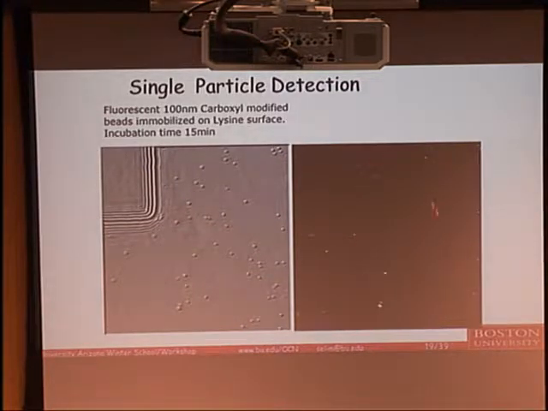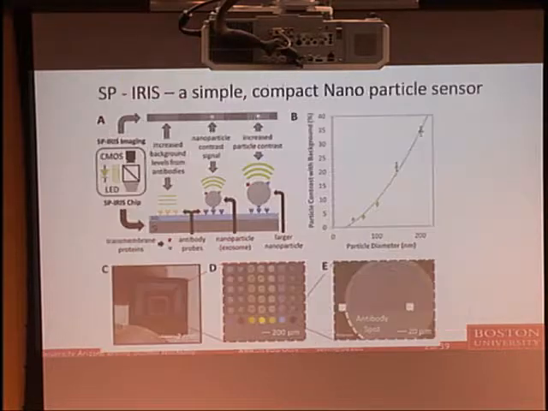So this is the image they were able to get at the end of the summer after they graduated. This is fluorescent labeled 100 nanometer virus size polystyrene beads. And that single particle detection became simple particle detection. And the signal you get from these particles is much more uniform than you would get from fluorescence labeling. Although the manufacturer of these dots would tell you that they're uniformly labeled, we claim otherwise.